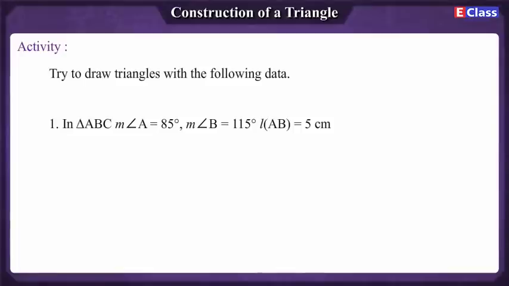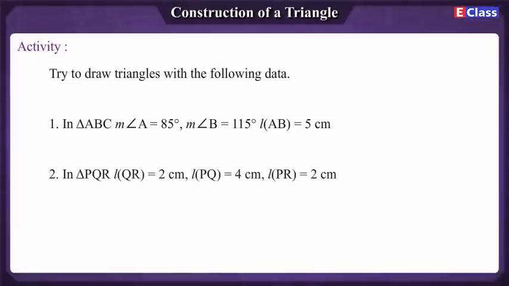Length of AB is equal to 5 centimeters. 2. In triangle PQR, length of QR is equal to 2 centimeters. Length of PQ is equal to 4 centimeters. Length of PR is equal to 2 centimeters.